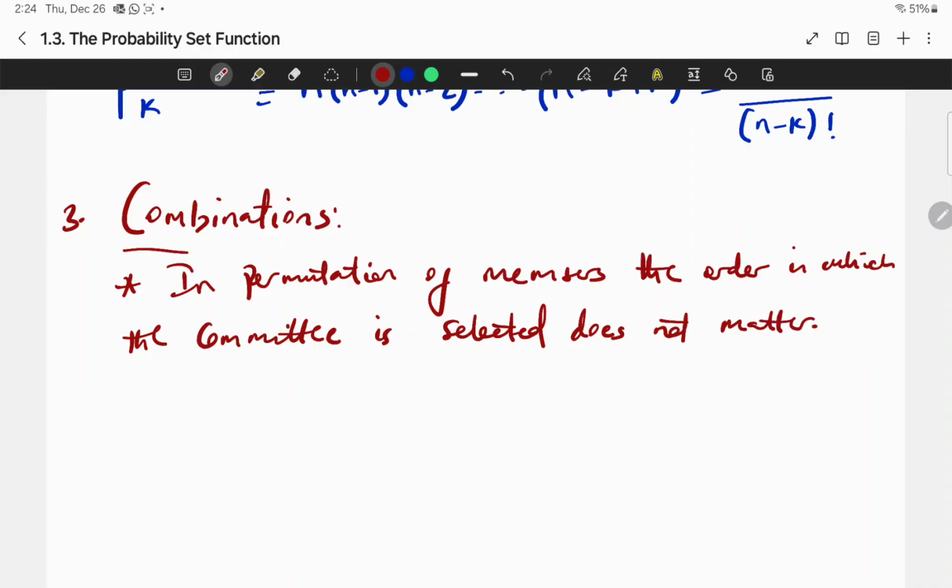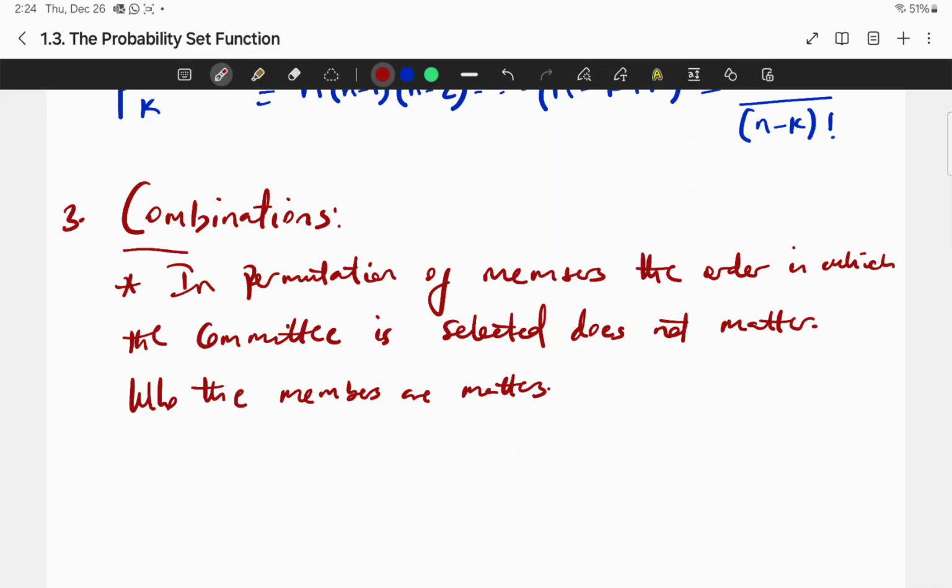So for the example we did, we just care who is in the committee and not necessarily the title.